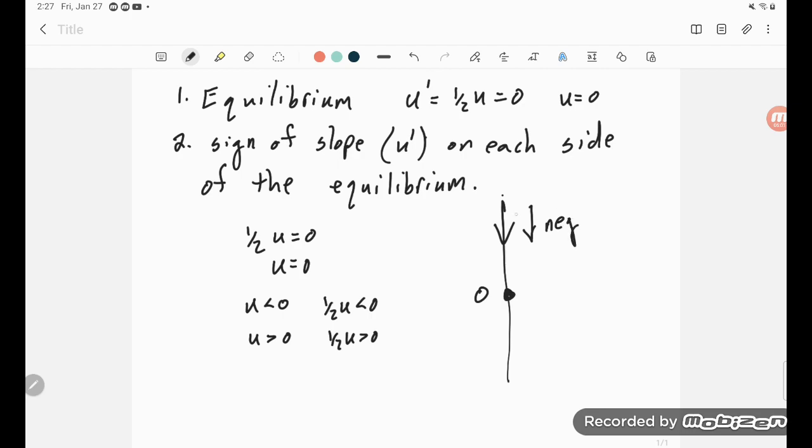And so what we're showing is not the value of u. The value of u here is certainly positive because it's above 0. But this is u prime, because we're looking at 1/2 u and 1/2 u. And, oh, well, I said that wrong. Sorry about that. Silly me.